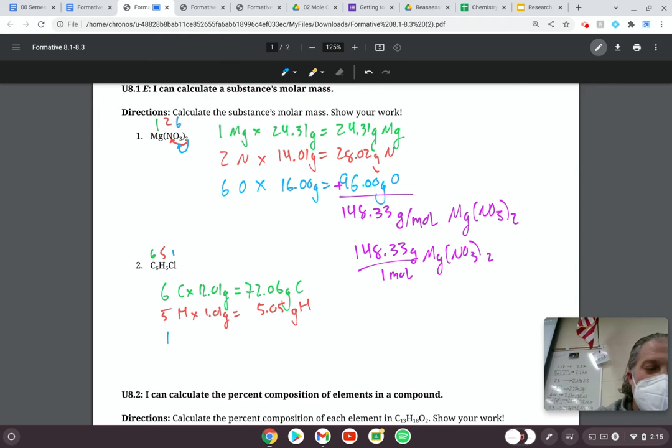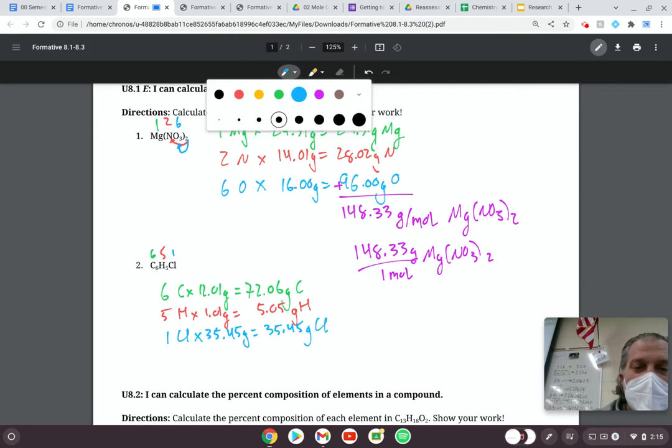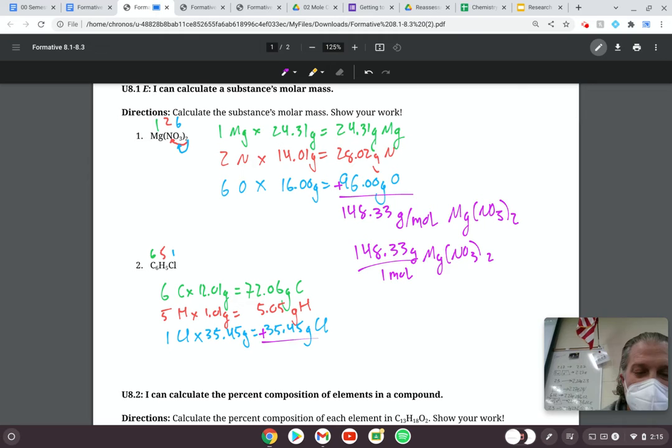And then 1 chlorine times 35.45 grams is 35.45 grams of chlorine.